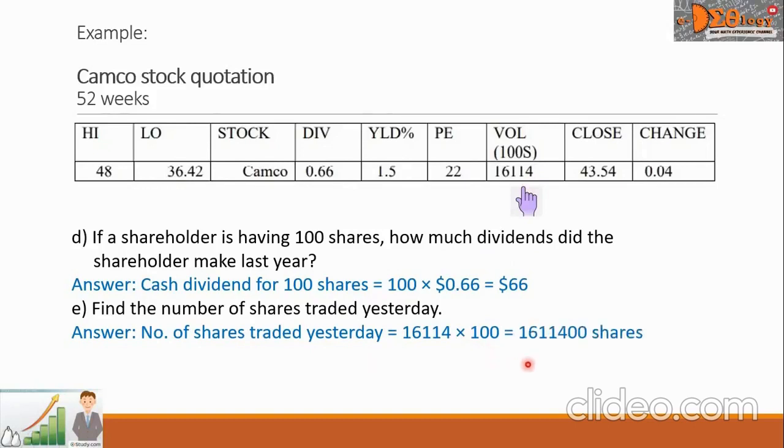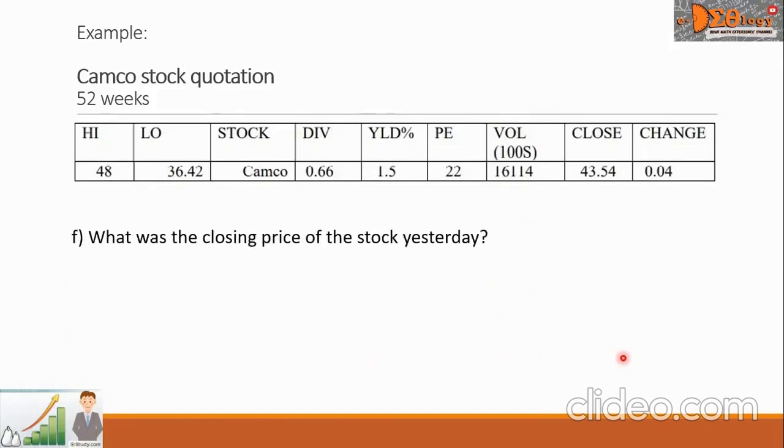And the answer is 1,611,400. These are the shares traded yesterday. Letter F. What was the closing price of the stock yesterday? The answer is here, $43.54.